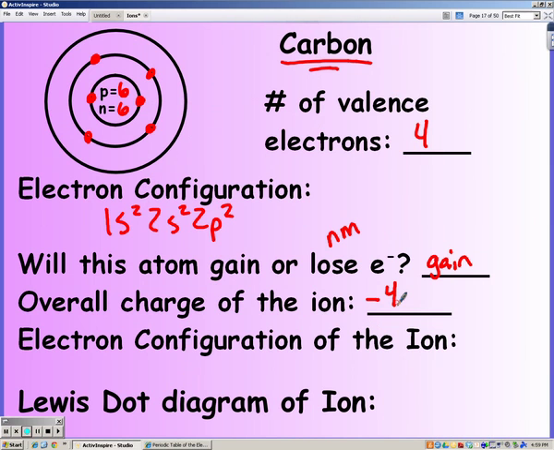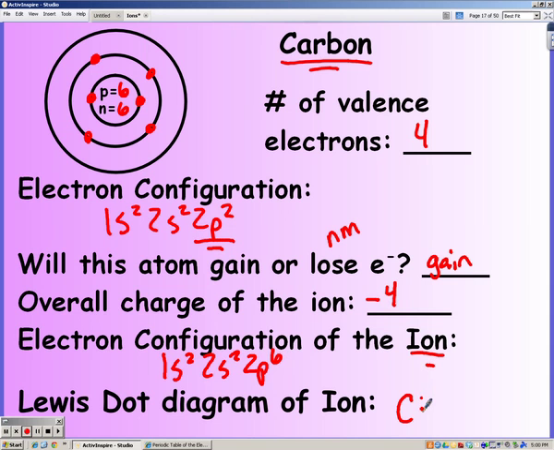For the electron configuration of the ion, when we gain those 4 electrons, it's going to fill in that 2p. So instead of being 2p2, we're going to add 4 electrons to that, and it's going to become 2p6. For the Lewis dot diagram, carbon started with 4 valence electrons.